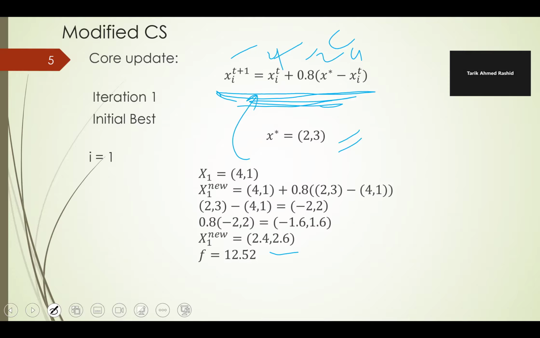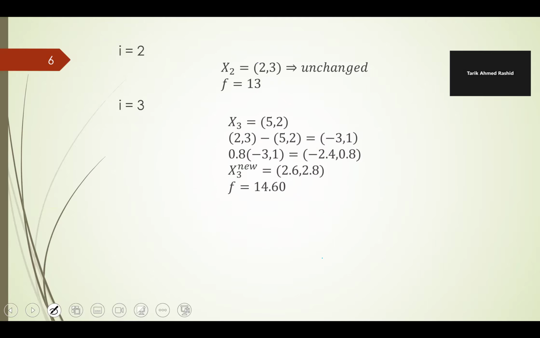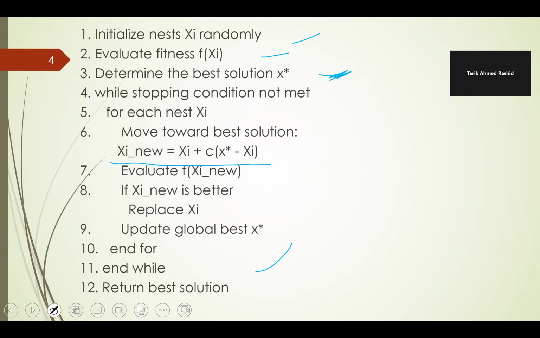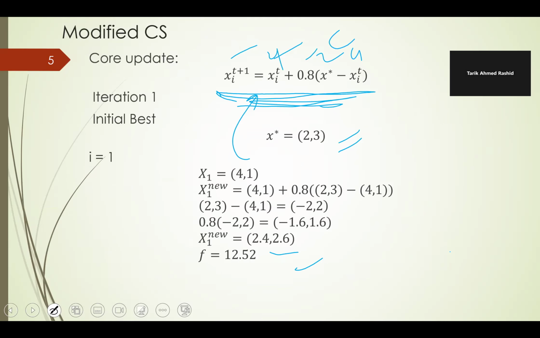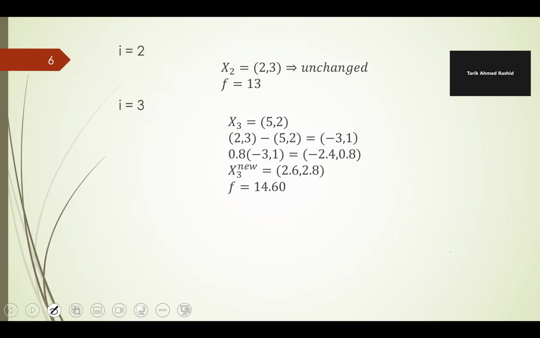So that's the result, and the fitness has changed to 12.52. So that's the first i. We'll do it for the second i. The second i cannot be changed because it is the best itself. 2 by 3 is the best we have. That's the minimum, so it's unchanged.